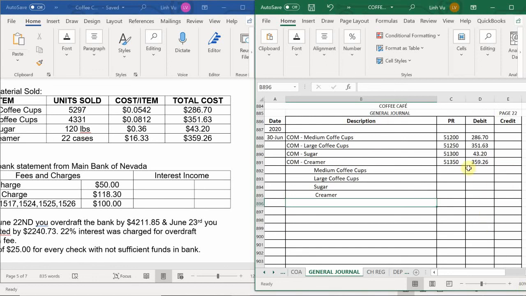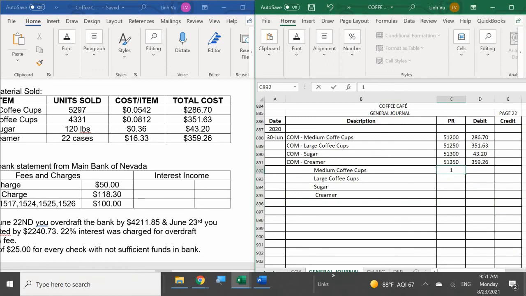Okay. So medium coffee cups, the code is 11 760. Yeah, 11 765, 11 770, and 11 775. Okay, perfect. And of course, they're all going to be credited the same amounts here. Okay.